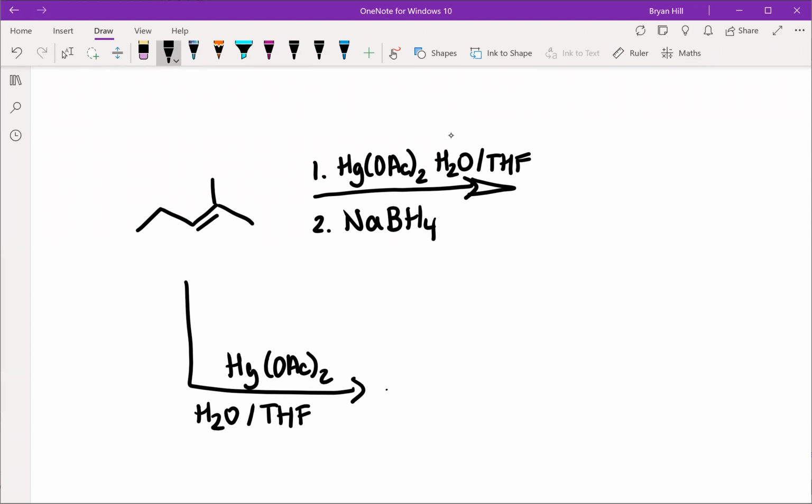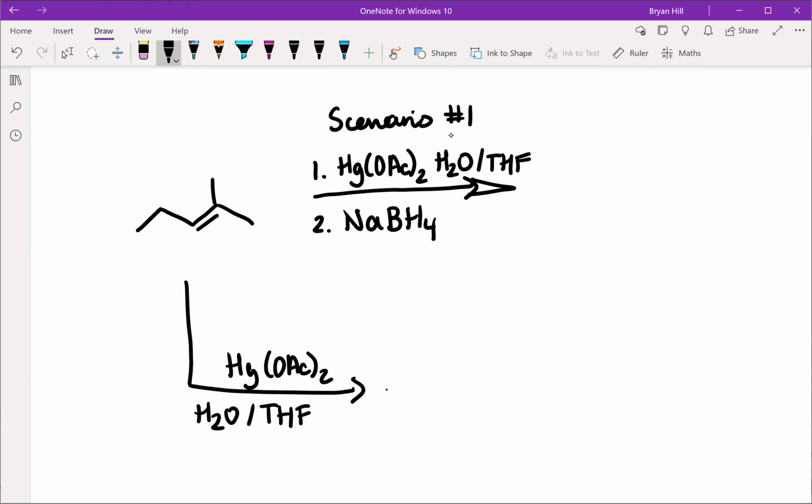Okay, so in scenario 1, we do a Markovnikov addition. So we do the oxymercuration, and then we reduce with sodium borohydride. So we're adding H2O across a double bond, and the rich get richer.